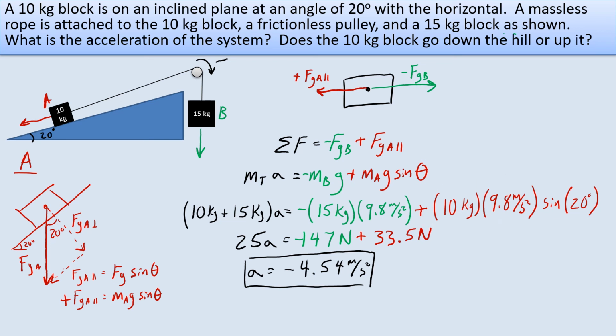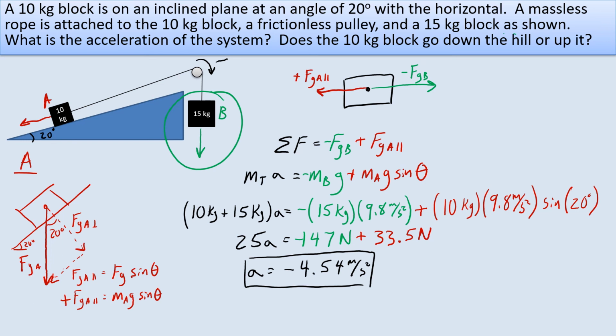As you might expect, this mass is bigger than this mass, so right away you think the 15 kilogram mass is probably going to win. Not only that, but only a portion of block A's weight is acting down the hill, not the full weight.